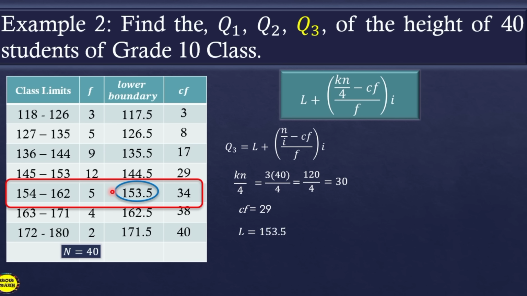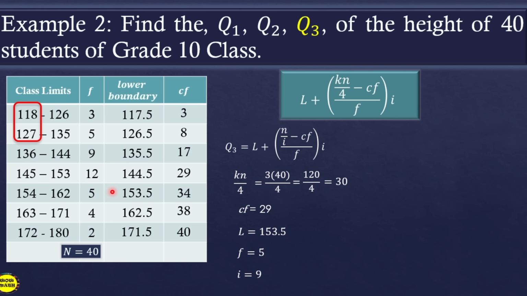The lower boundary is 153.5. And the frequency is 5. Okay, yung i natin dito is 9 pa din. And substitute sa formula. So, 153.5 plus 30 minus 29. So, 30 minus 29, divide 5.